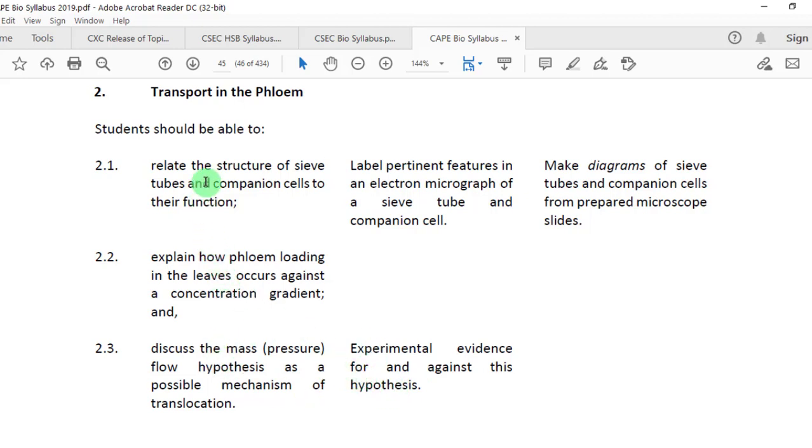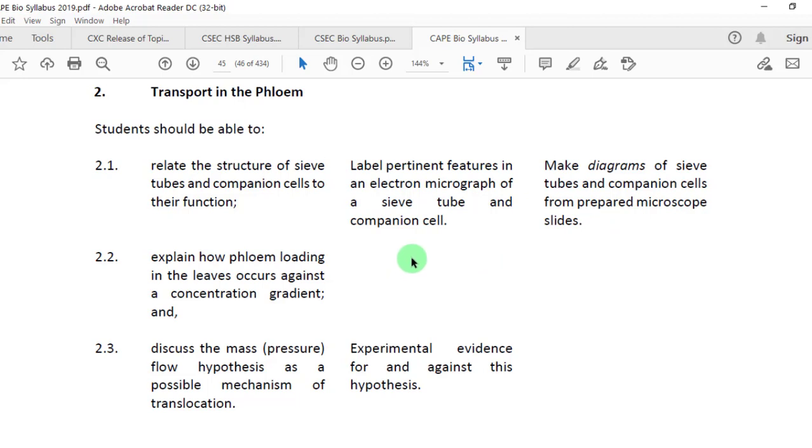So you have to really go into detail because it's a short section, yeah? And your diagrams, etc., and being able to distinguish sieve tubes, companion cells, that's also important, right?